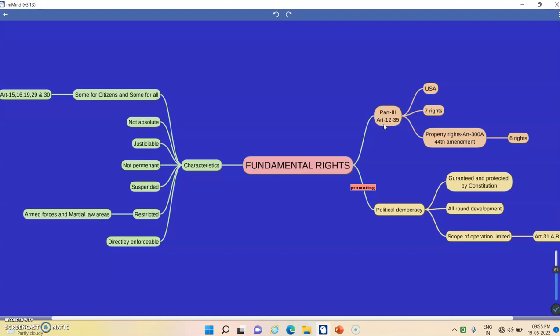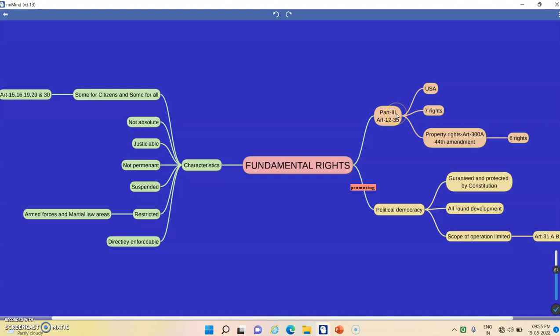In fact, the fundamental rights in our Constitution are more elaborate than those of any other country's constitution, including the USA.